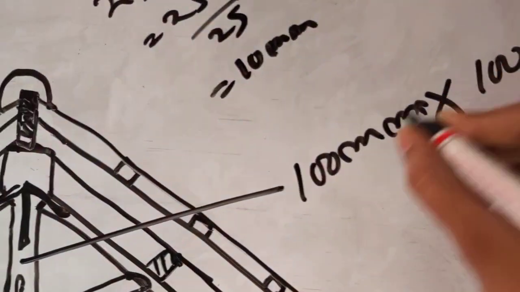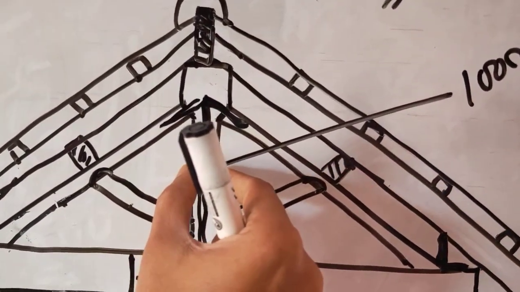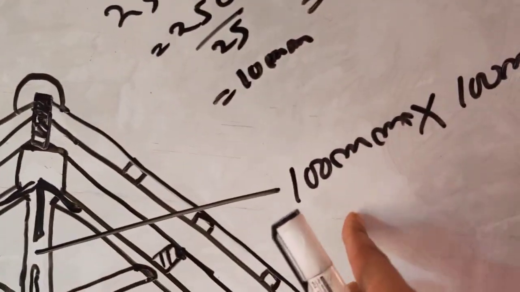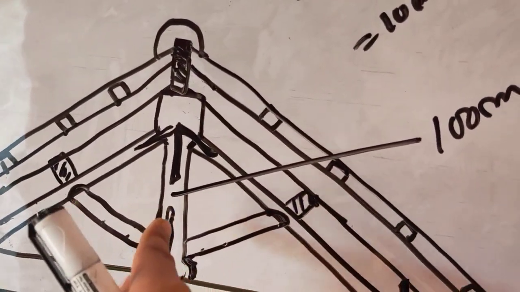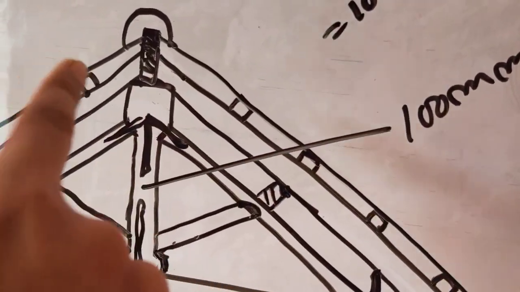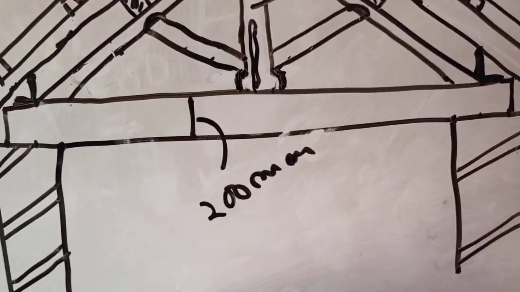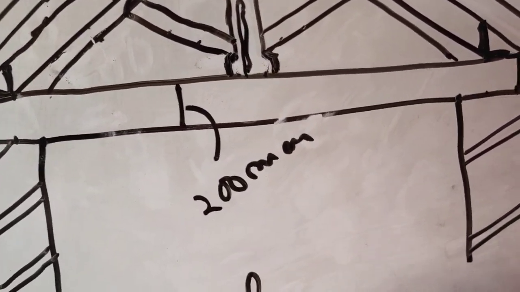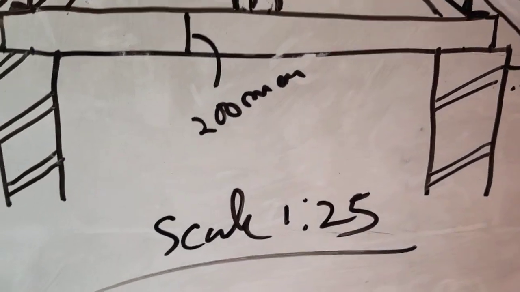This is the actual dimension and you will have to write it. What dimension are you drawing here? It is 4 millimeter only. But you will have to write 100 millimeter because you are representing 100 millimeter in this 4 millimeter. So give actual sizes of every member, name every member, and then only your drawing will be complete. And don't forget to mention the scale at the bottom of every drawing. Otherwise, you won't get any marks.